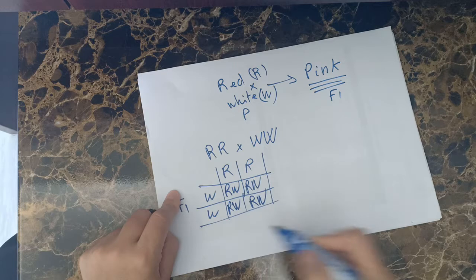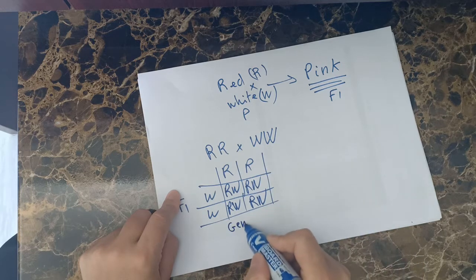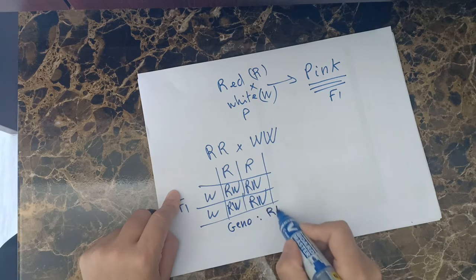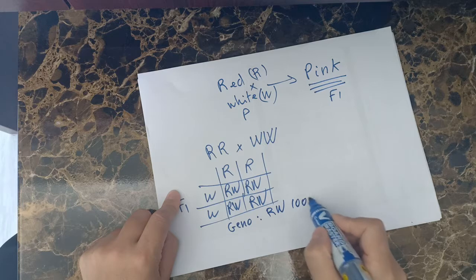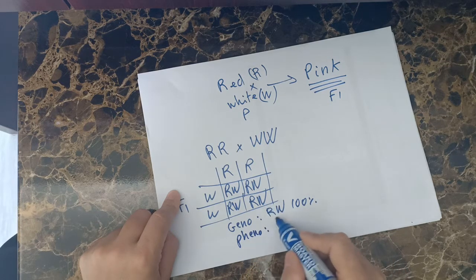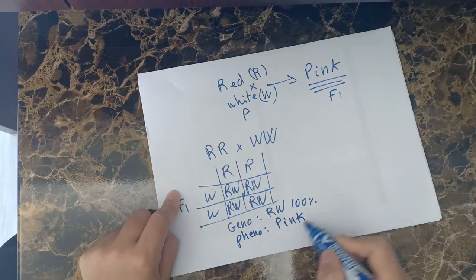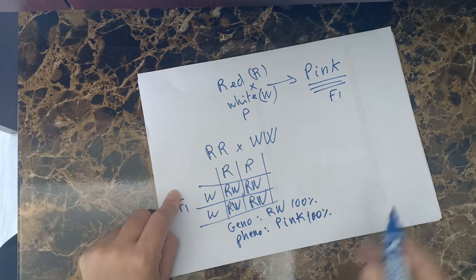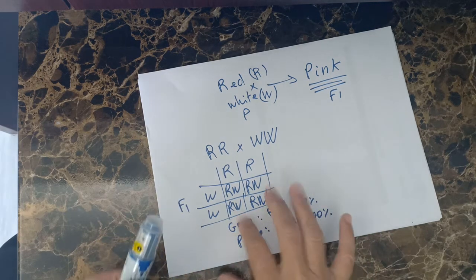So what will be the genotype? It is actually RW, 100%. And the phenotype, what is it going to be? It will be pink, 100%. Okay, so this is the case of this flower.